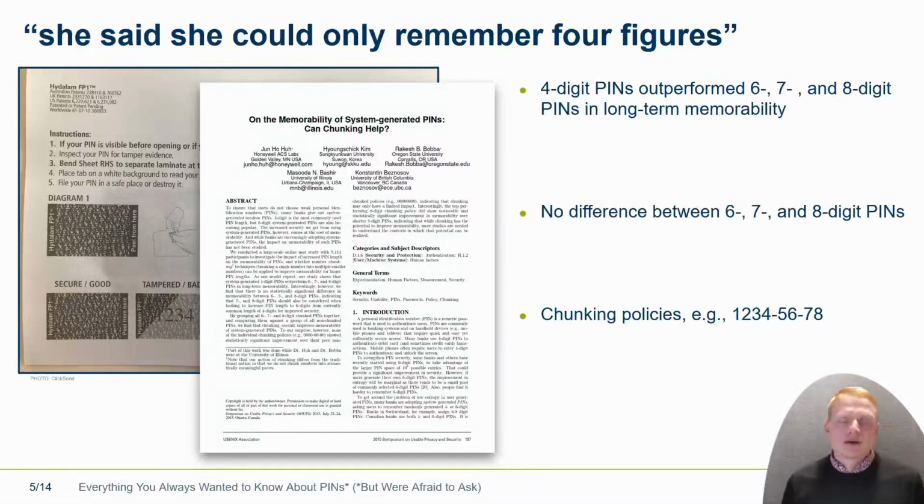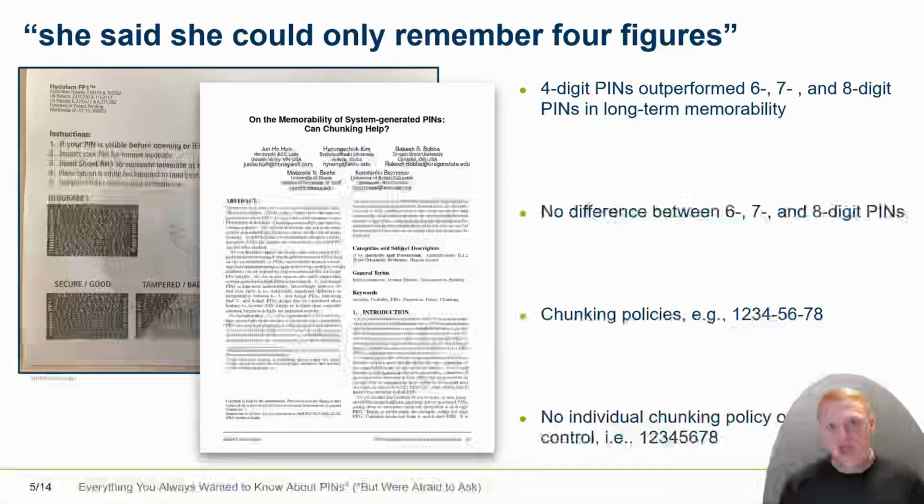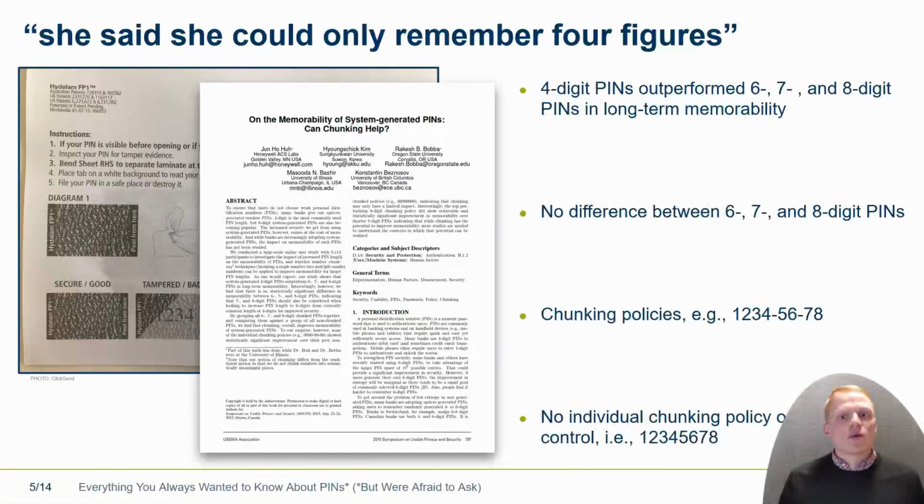And what they found, however, is that none of those chunking policies, so the one that I just explained to you, but also all the ones which are possible, make a pin more memorable. So unfortunately, bad news there. System-generated pins, although they are secure because they are randomly selected from the complete key space, have their limitations, of course, in terms of memorability.